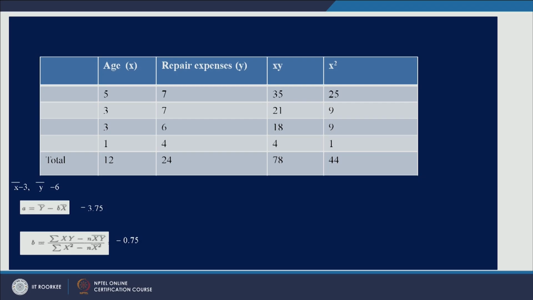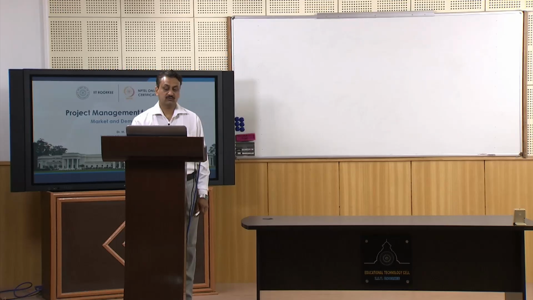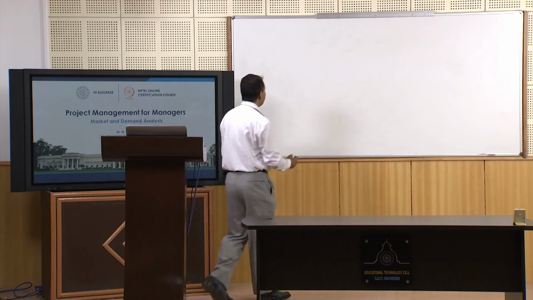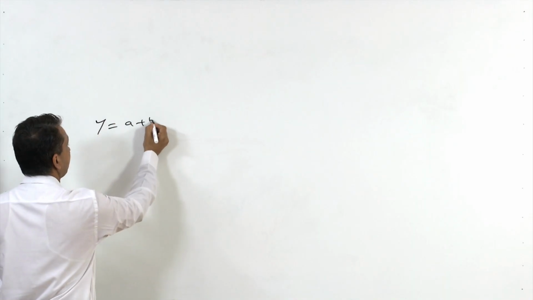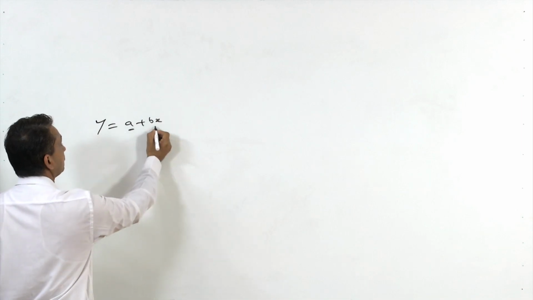Can you now find out what would be the expenses for a 4 years old truck? You can have a relationship like y is equal to a plus bx. You know the a value, you know the b value.